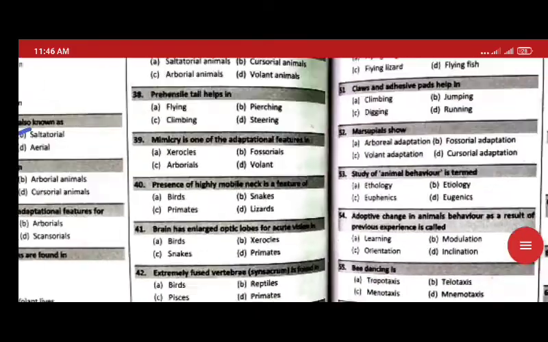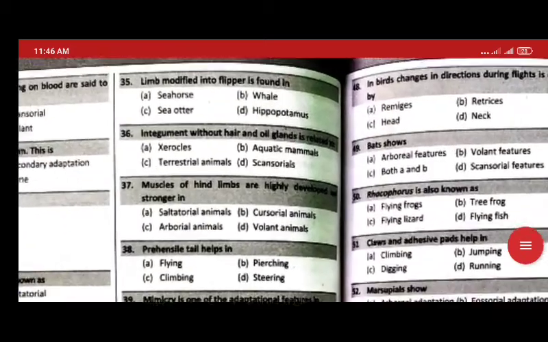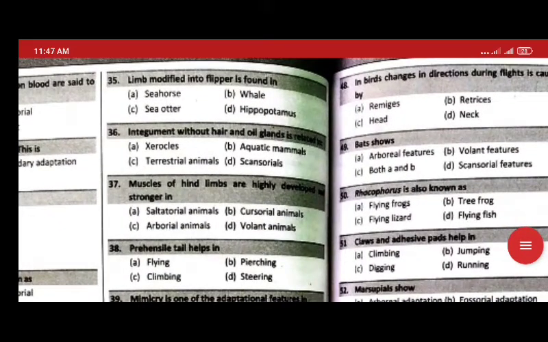Now we have question 35. Limb modification into flapper. So flapper limb modification, so that is for what? B option. Whale is the correct option. Now integument without hair and oil gland. So without hair, so in aquatic adaptation.